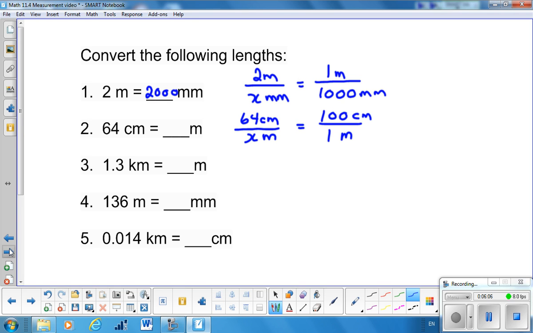When we cross multiply, we end up dividing by 100, and so we end up with 0.64 meters. 1.3 kilometers is how many meters? I know that 1 kilometer is 1,000 meters. When we cross multiply, we end up multiplying 1.3 times 1,000, and so we end up with 1,300 meters.